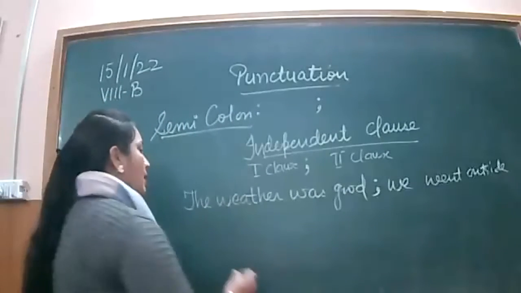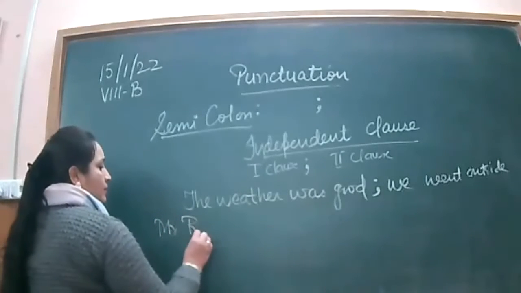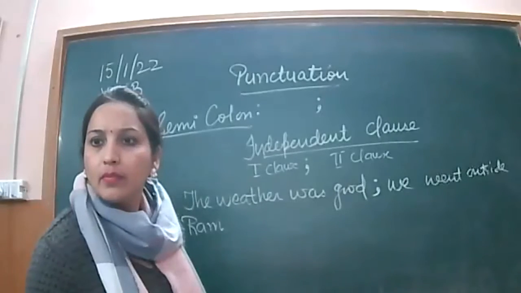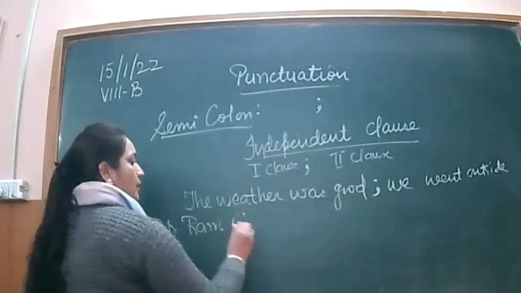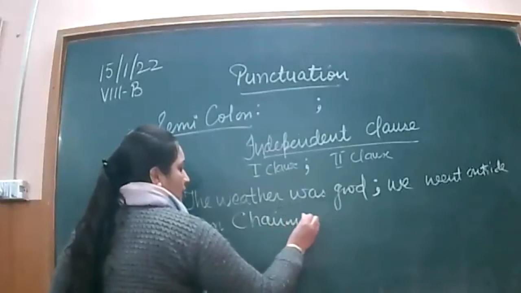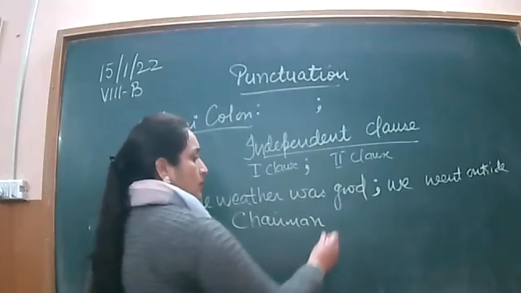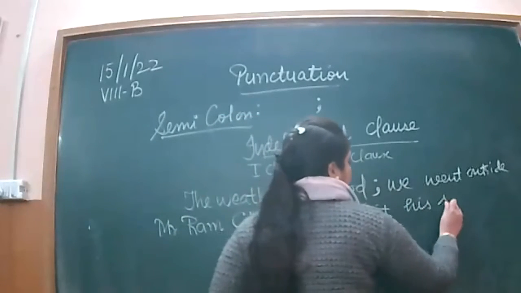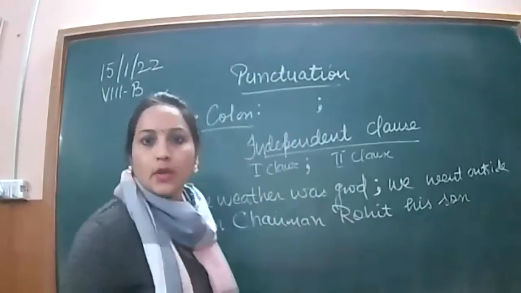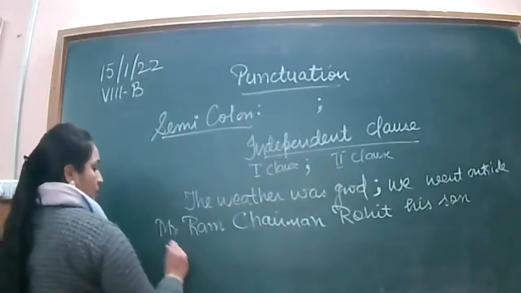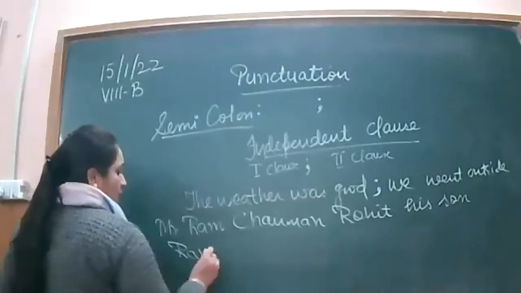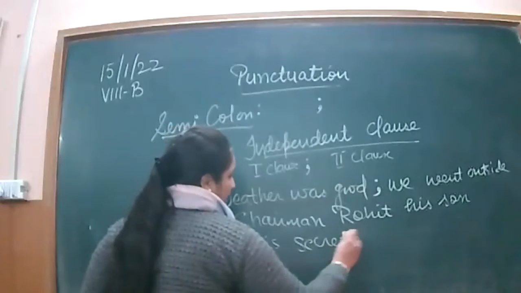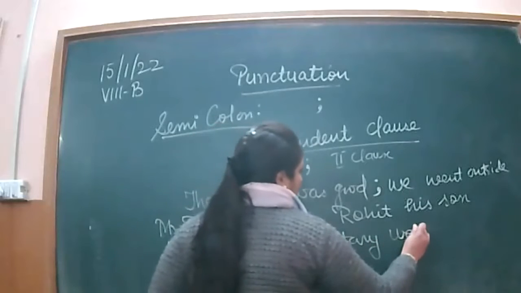So, for example, Mr. Ram, chairman, Rohit, his son, Ravinder, his secretary, and so on.